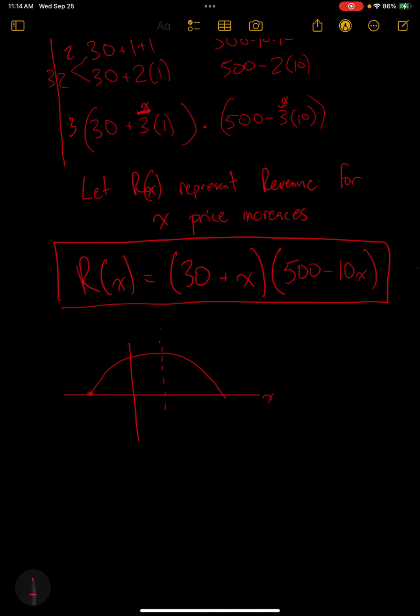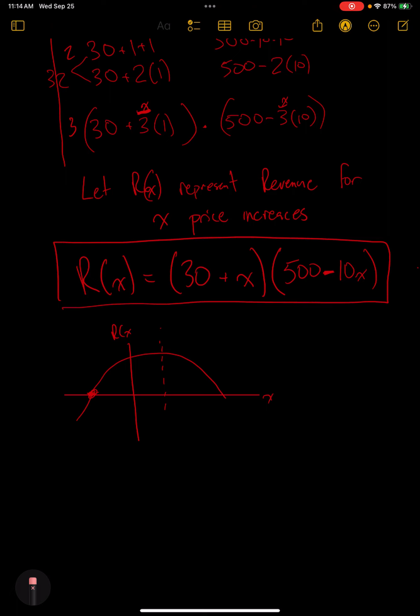This is x, this is R of x. I know that because I have a minus with an x squared value. If I expanded this, I'd have a negative coefficient, minus 10x squared.